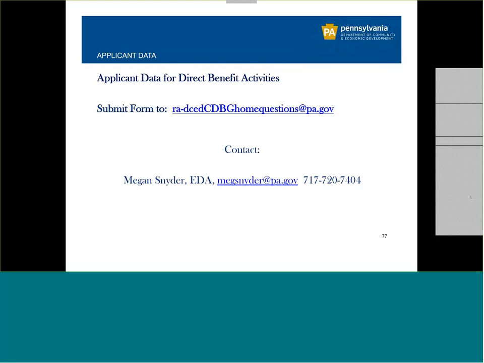Okay, and the other question is that there was an example showing that a contract was received in October. Could they have reported an activity done in July, for example? So they didn't receive their blueback contract until this October, but they did their activity in July.